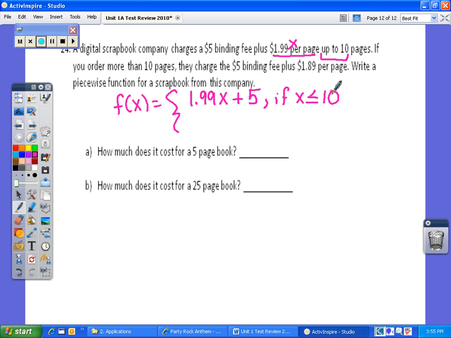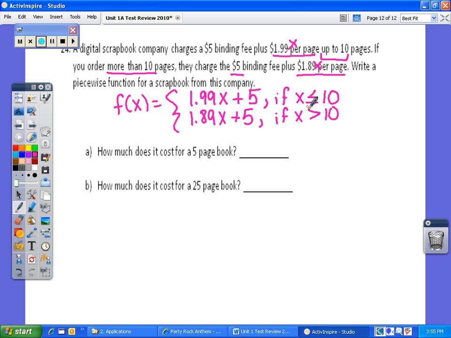Then they said it's $1.89 per page, so make sure that x goes there, plus your $5 binding if it's more than 10, so don't include the 10. Make sure these numbers match and make sure only one of them has the line underneath.